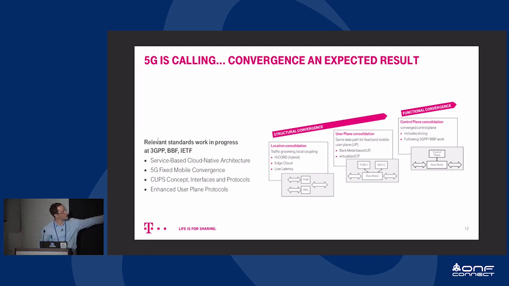There's work ongoing in the standards bodies on fixed mobile convergence, cooperation between 3GPP and Broadband Forum, just on these functions that I've briefly addressed and are shown here on the chart.